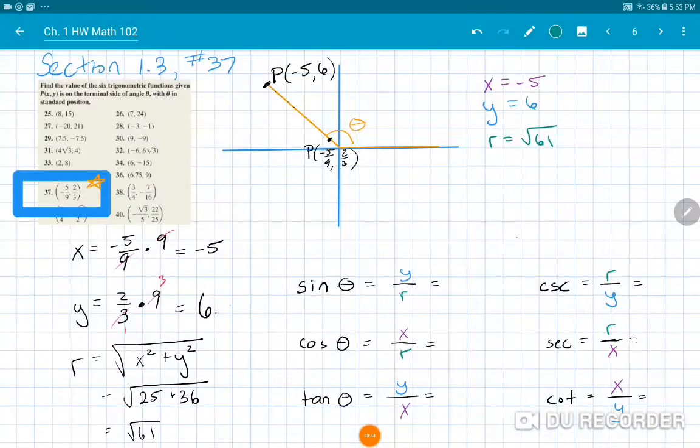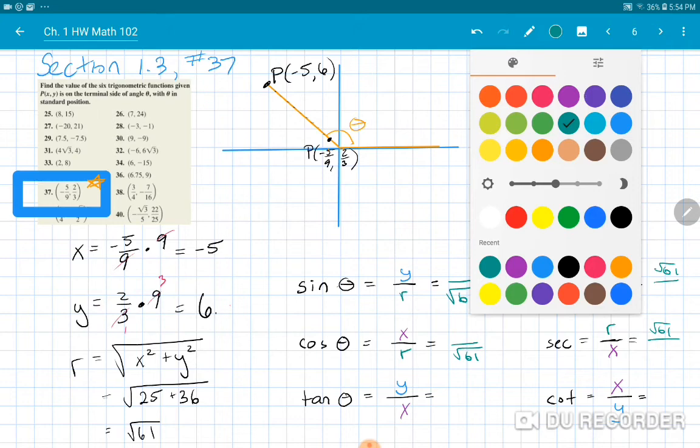So here we have our 6 trig functions in terms of x's and y's and r's. And I'll put some color on it so we can plug in all these values. So I'm plugging in all my r's right now. And then I'll do my x's.